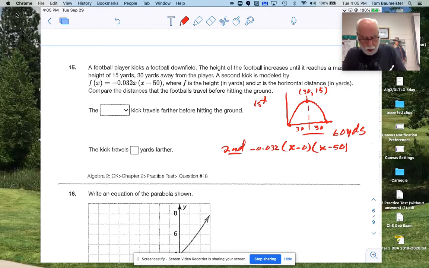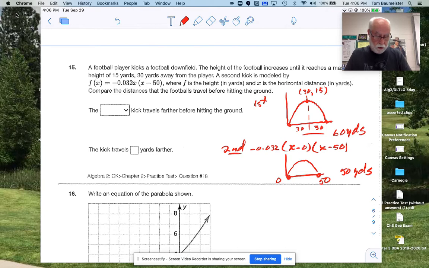So I'll make a graph here for you real quick. At one of them, our x is at 0. Our other x-intercept is at 50. So we know somewhere along the line, and it didn't ask us what his height is on that one, because they just want us to know which one travels farther. Well, this one went 50 yards. The first one went 60 yards.